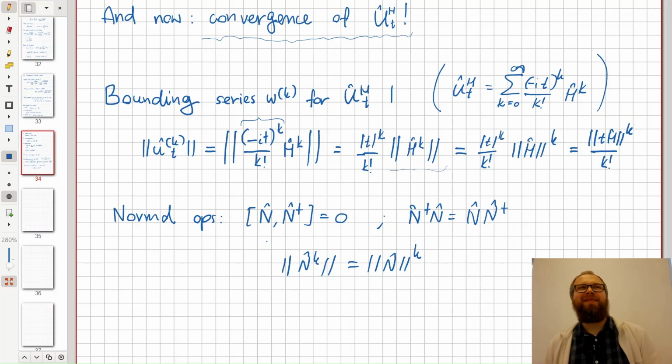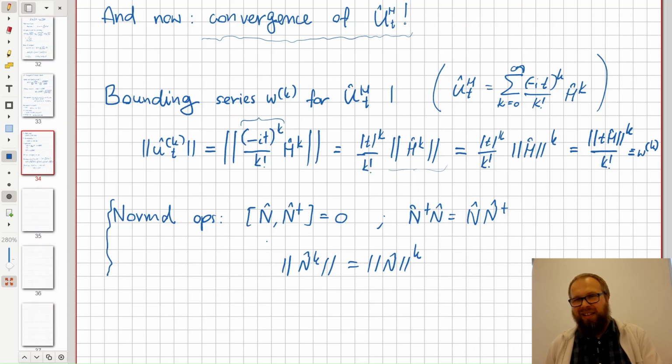Because t has units of time, of course, H has units of frequency, so multiplying them gives a unitless quantity. So we have our bounding series. We can call it w_k.